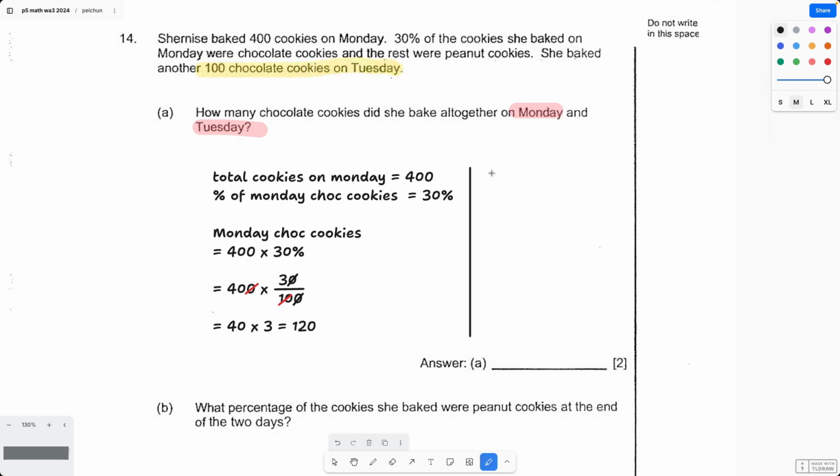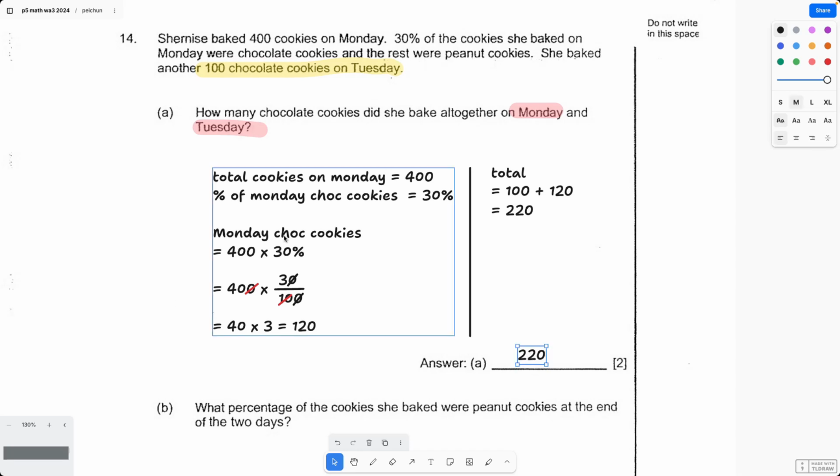So that means in this case, total is equal to 100 plus 120, and this gives us 220. Okay, this is pretty straightforward, addition lah, right? So the answer is 220 in this case over here.